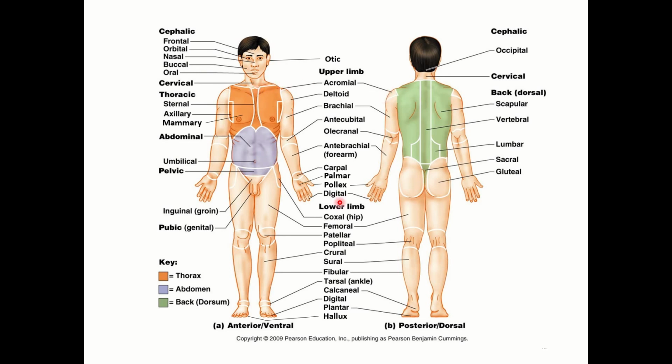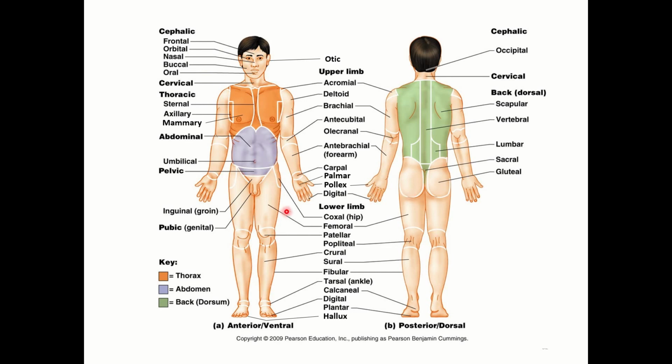Now we can move to the lower limb. The lower limb includes the pelvic girdle, which contains the hip bones. So this is the coxal region of the lower limb. On the posterior, the gluteal is found on the lower limb as well.